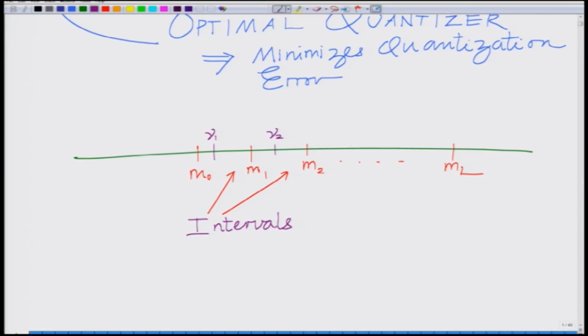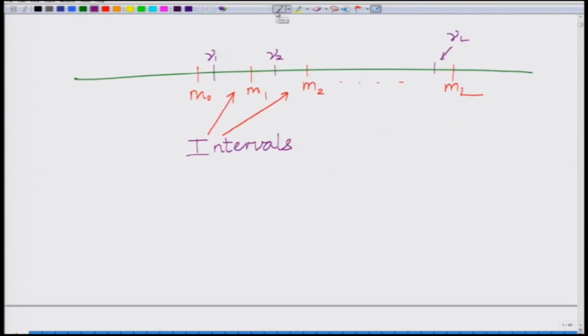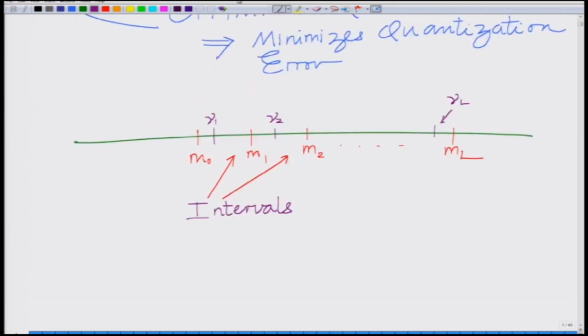So, I have nu 1, nu 2, nu 3, and so on up to nu L. I have the quantization intervals, and these nu 1, nu 2, up to nu L are your quantization levels.